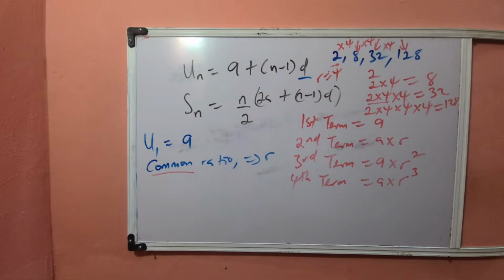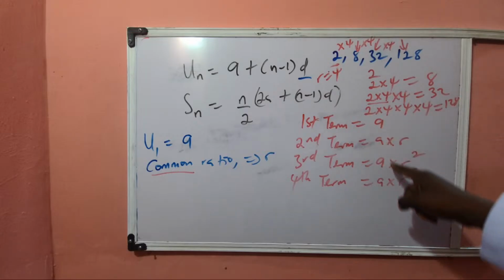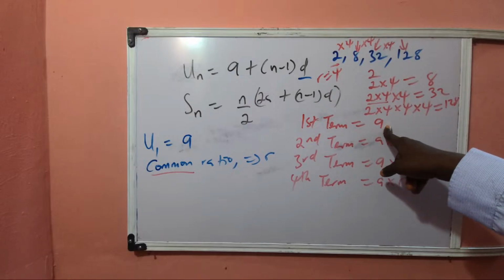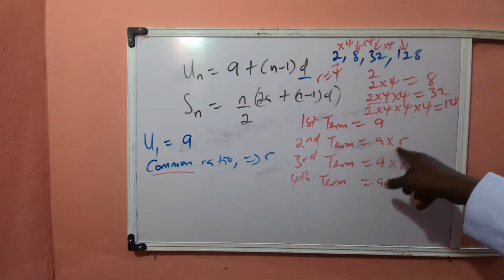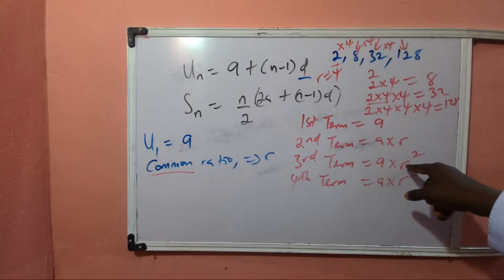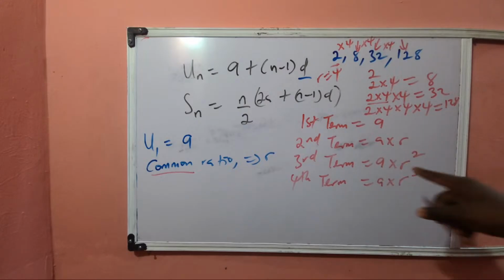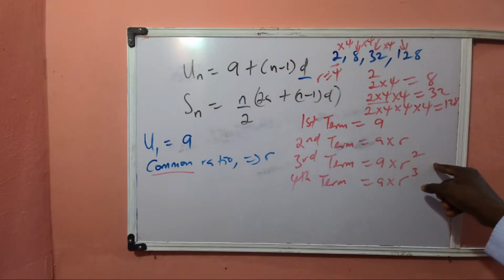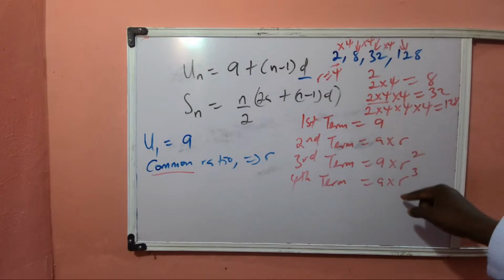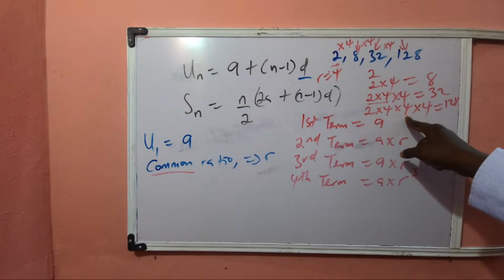Now, this is the basis on which we're able to establish these particular functions we have here, where we have the first term as a, the next term as a times the common ratio, the next term a times the common ratio. It's more like writing a times r times r. Obviously, r times r is r squared. And then that's what we had here. Then the next one is a times r times r times r.